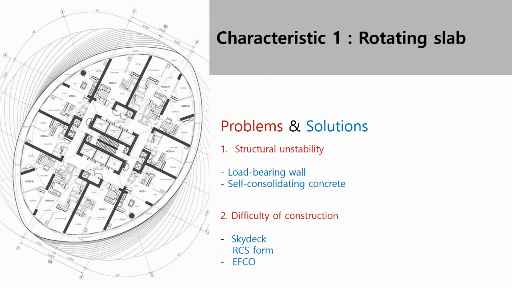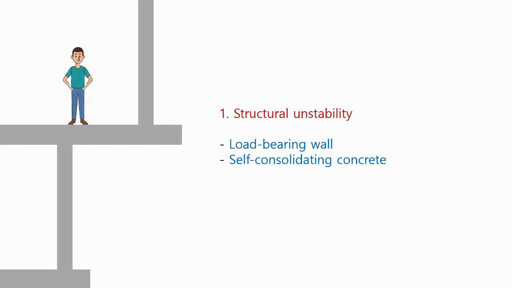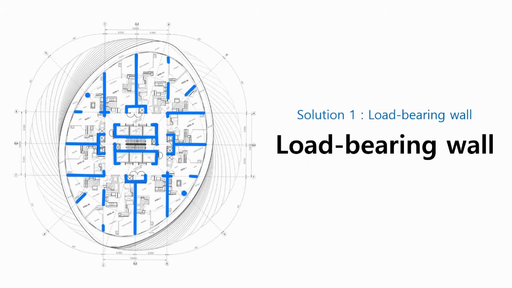The two major features, the rotating slab and the flat plate structure, cause two problems. The first problem is structural instability. This can be solved by three methods.